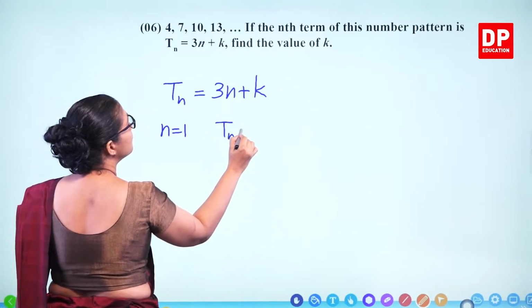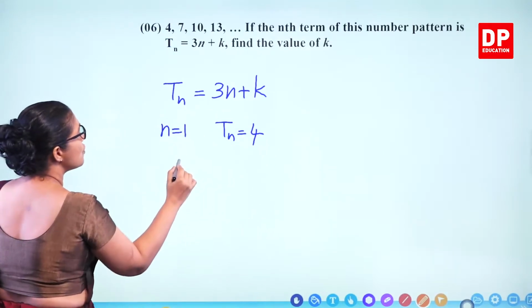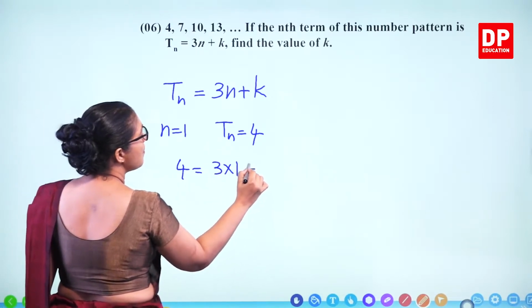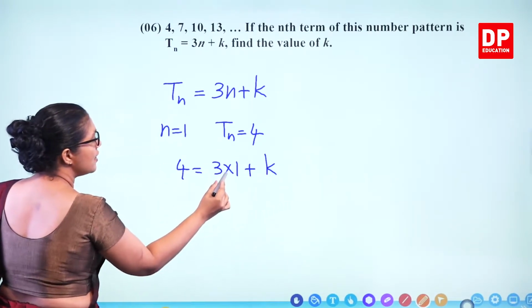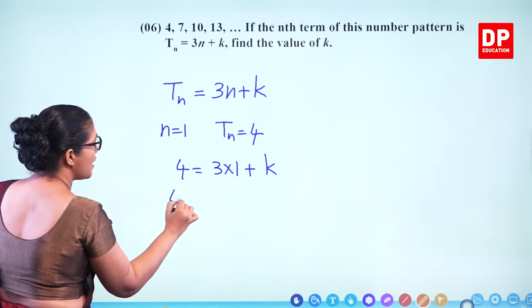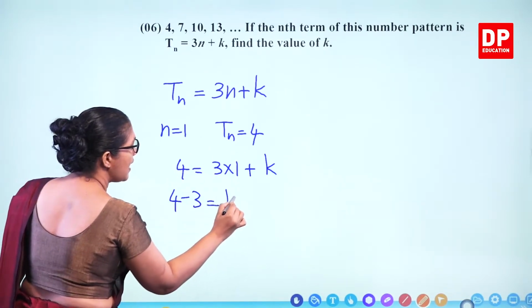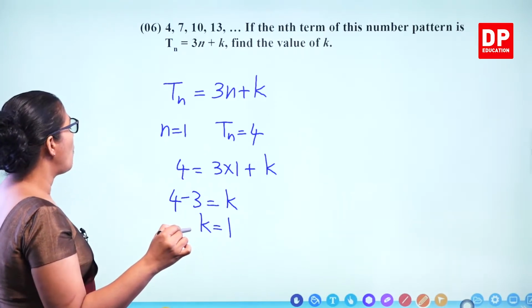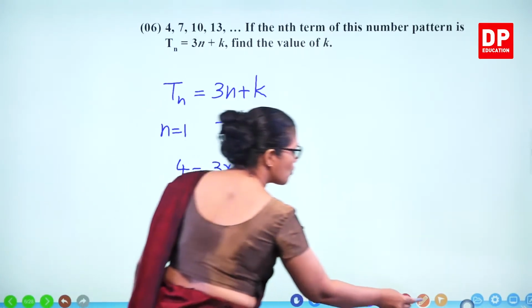Tn is 4. Now substitute: 4 equals 3 times 1 plus k. So what's the k value? You can take 3 to this side. 4 minus 3 is k. That's 1. k equals 1. So that's the answer. 2 marks again.